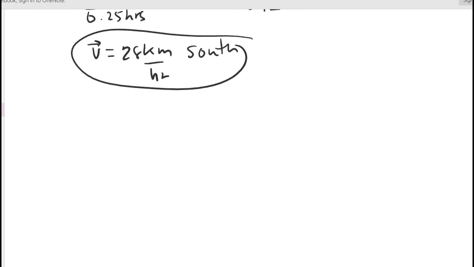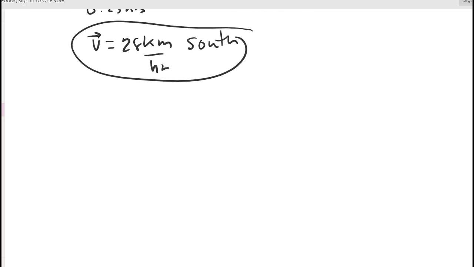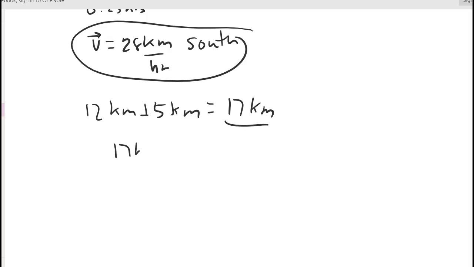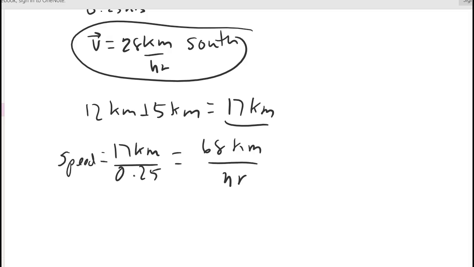You're going to take the total distance traveled, which would be 12 kilometers plus 5 kilometers equals 17 kilometers, and then divide it by the time. So 17 kilometers divided by 0.25, and this is the speed. It's going to be 68 kilometers per hour.